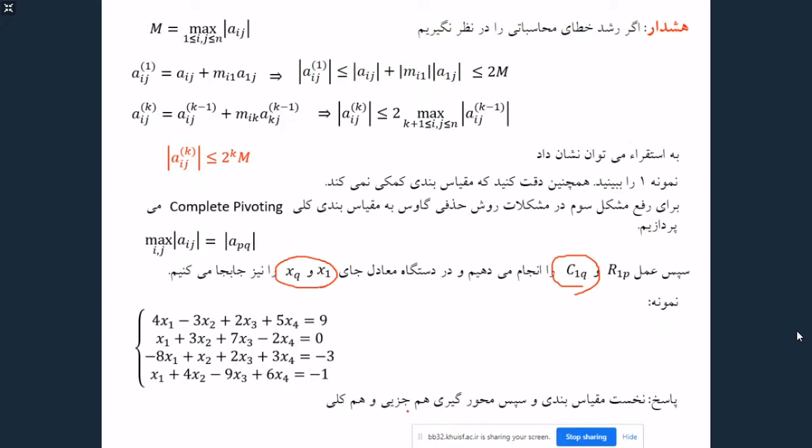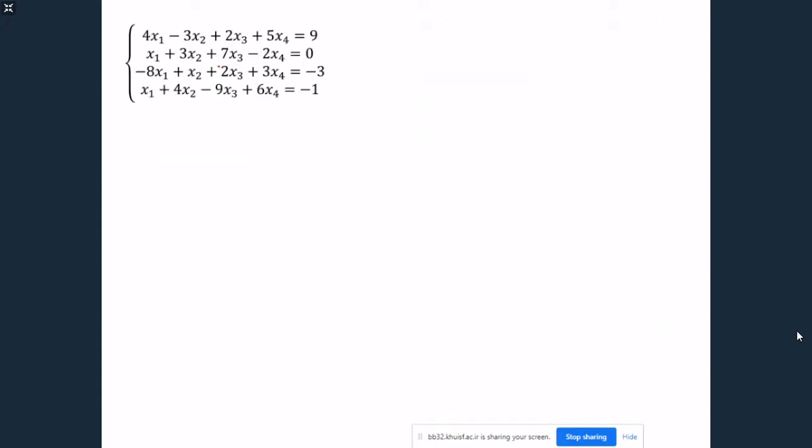We will do both. For partial pivoting, we use the first column. We find the maximum in absolute value, and it will be in the third equation. We substitute the first and the third equations.